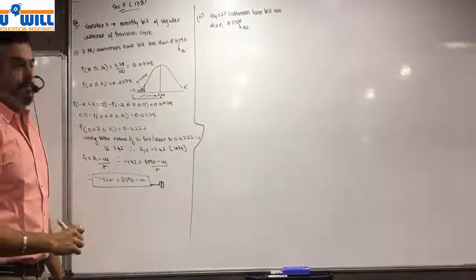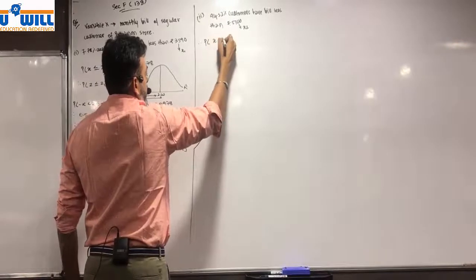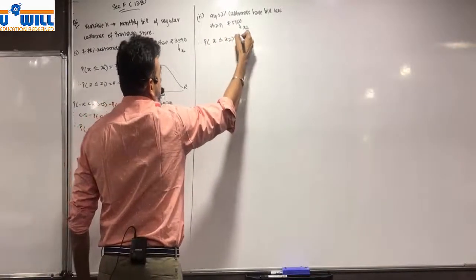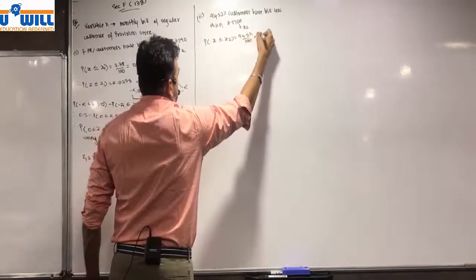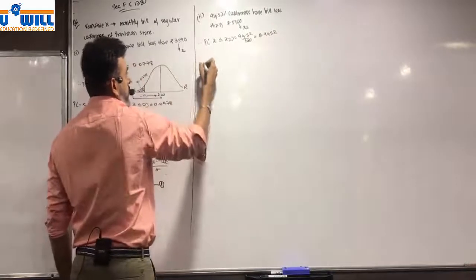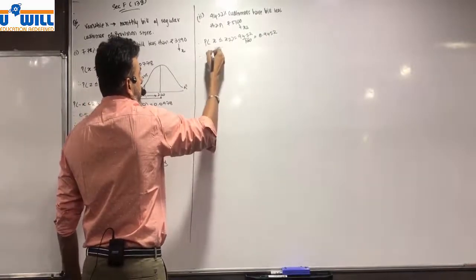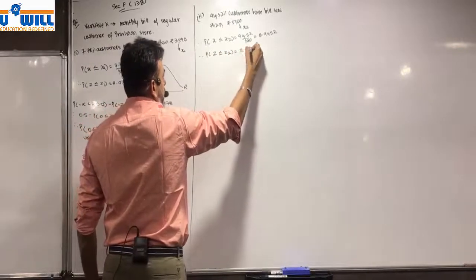Right. Therefore, probability of x less than or equal to x2 is equal to 94.52 by 100, 0.9452. Therefore, probability of z less than or equal to z2 is equal to 0.9452.